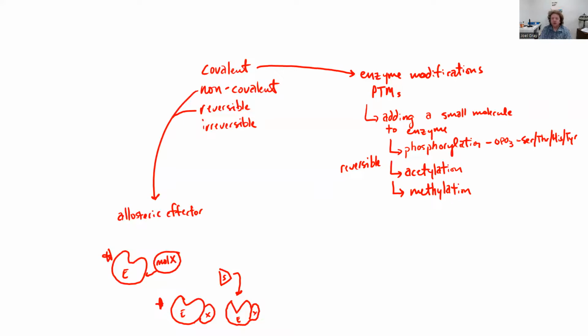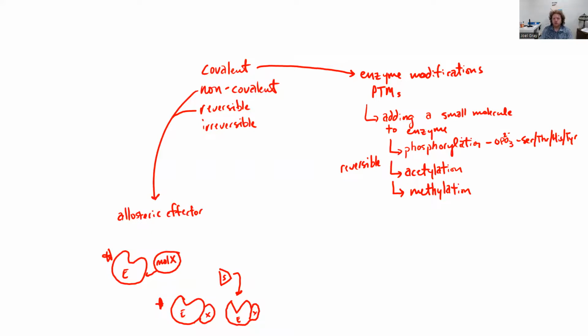That phosphate group can be added there and it can be removed from there. I'm just going to add that -2 charge because that OPO3 is going to bring a charge along with it. In some cases, phosphorylation leads to activation of an enzyme. In other instances, phosphorylation leads to a reduction in activity.